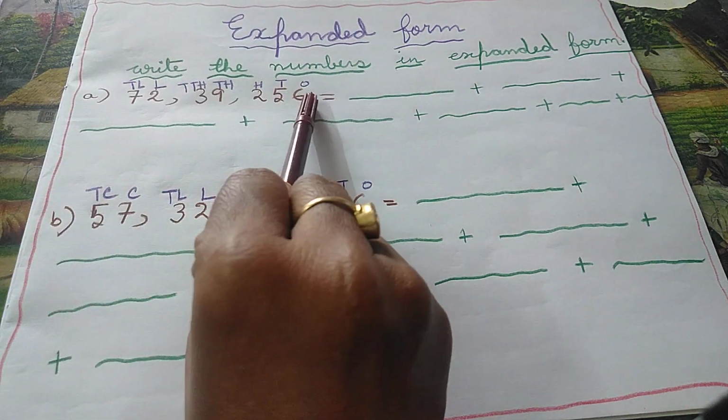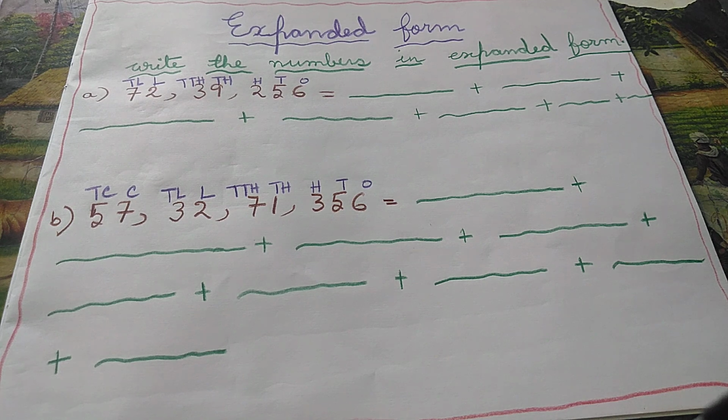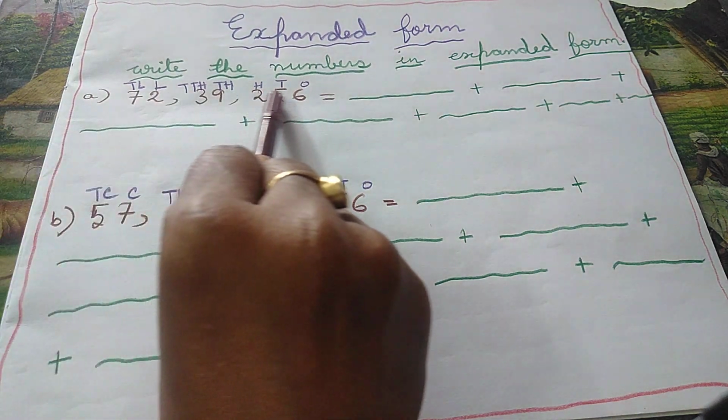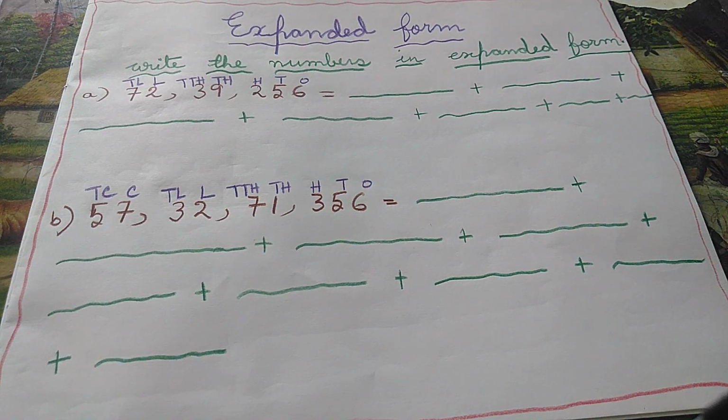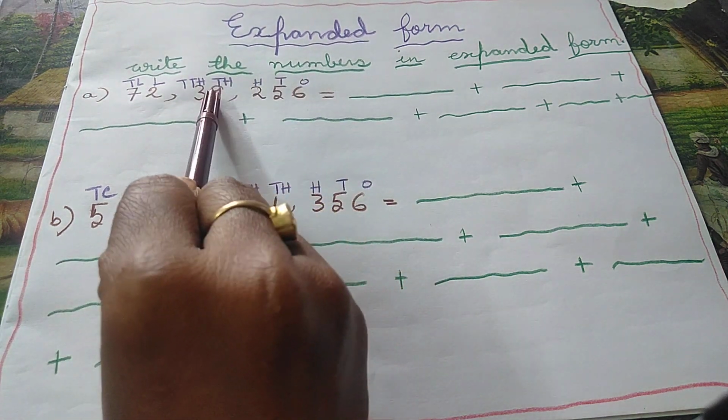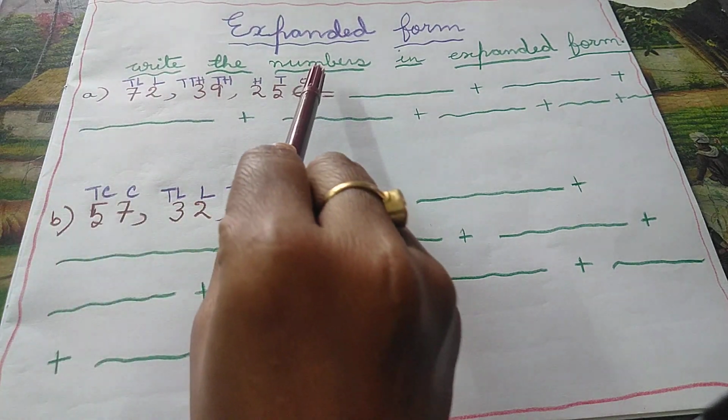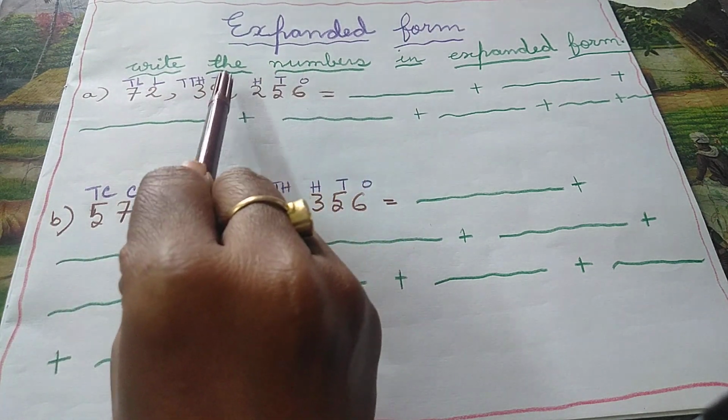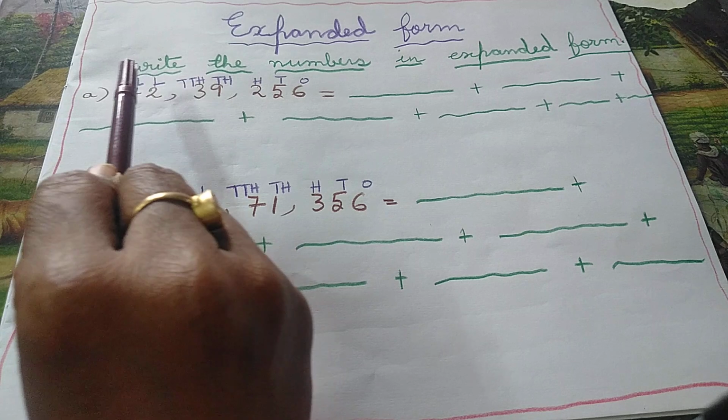This is a 7-digit number. We have to write the expanded form of this number. How? For that, first we have to write the places or houses of the digits, like ones, tens, hundreds, thousands, 10,000s, lakhs, 10 lakhs.